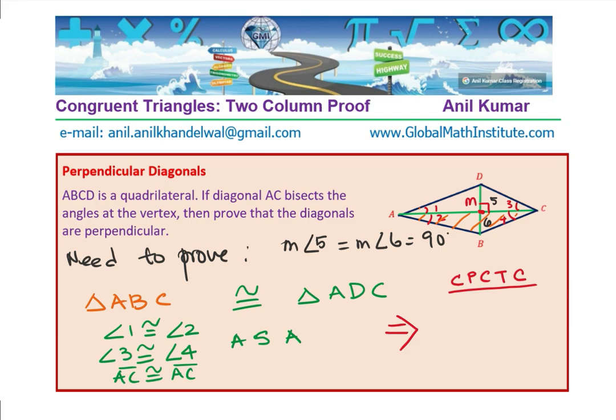So that means that the side length BC is congruent to DC, correct? Now, once we show that, then we can prove that the triangle MBC is congruent to triangle MDC.